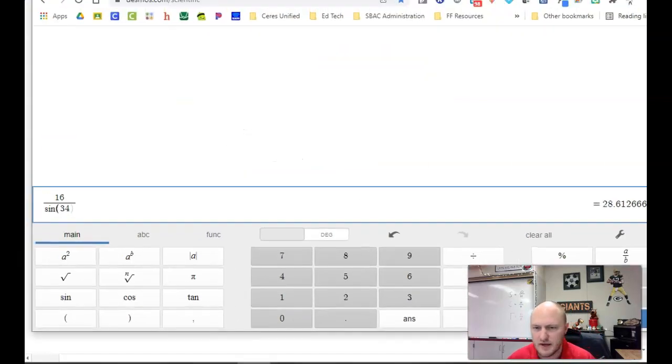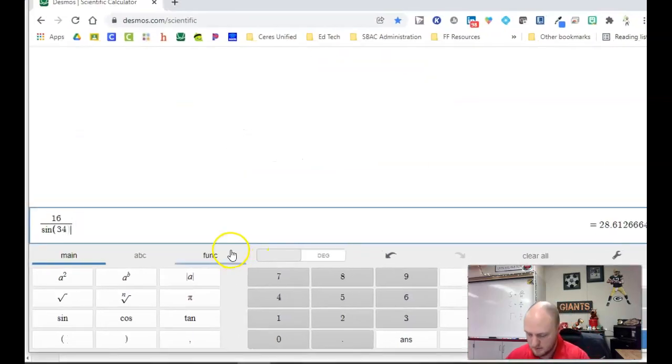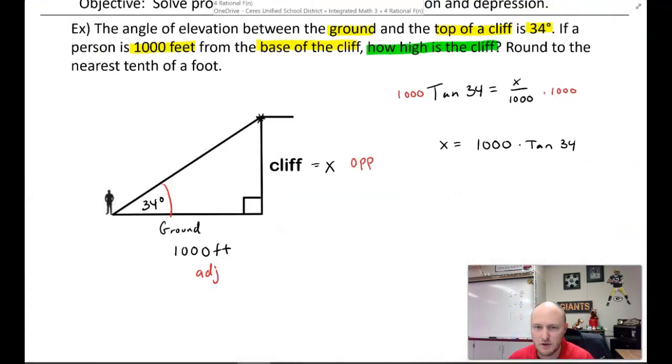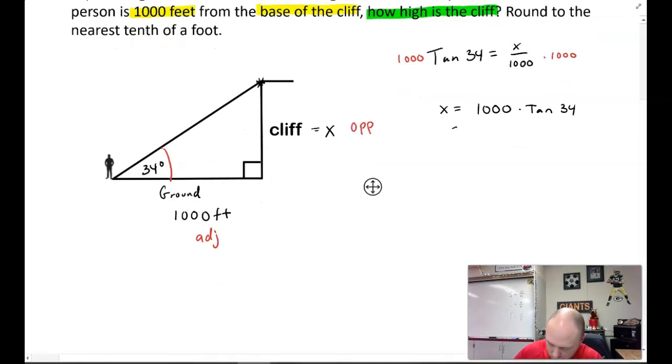So we need to compute this. 1,000 times tan of 34, we get approximately 674.5, and this is in feet.